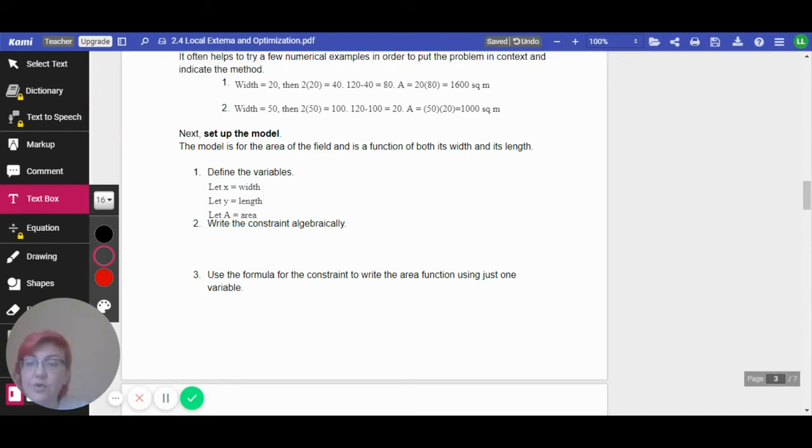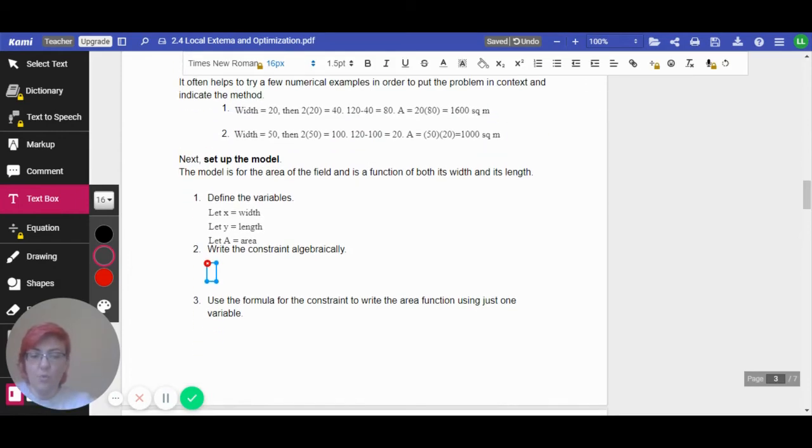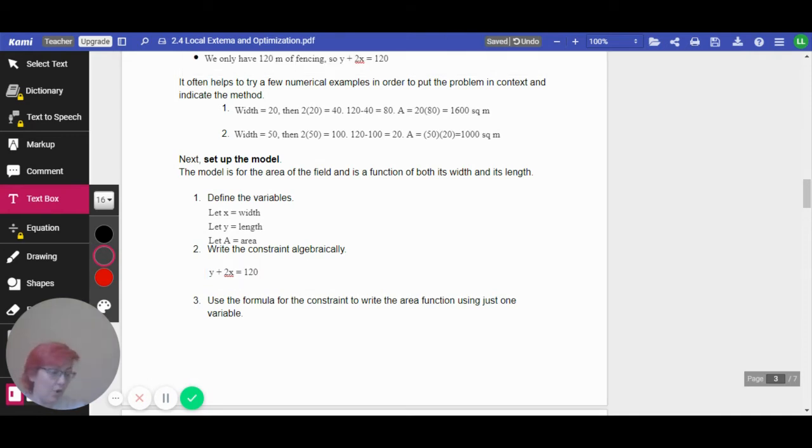We wrote our constraint algebraically up here when we were talking it out, where y plus 2x, or 1 length plus 2 width, equals the 120 meters of fencing that I'm working with. Okay, so let's use the formula for the constraint to write the area function using just one variable.